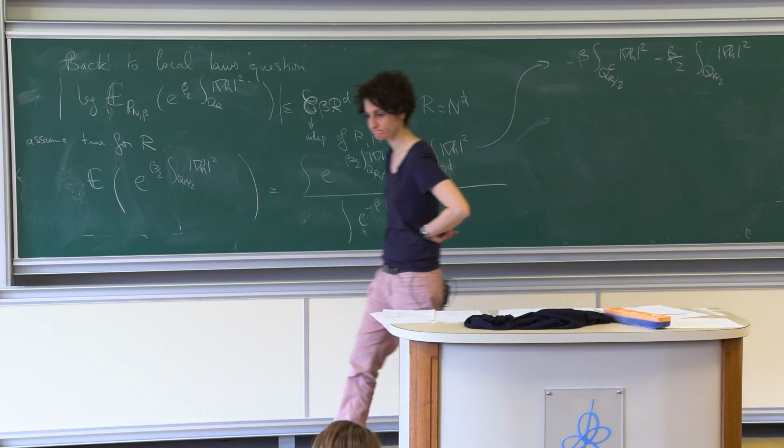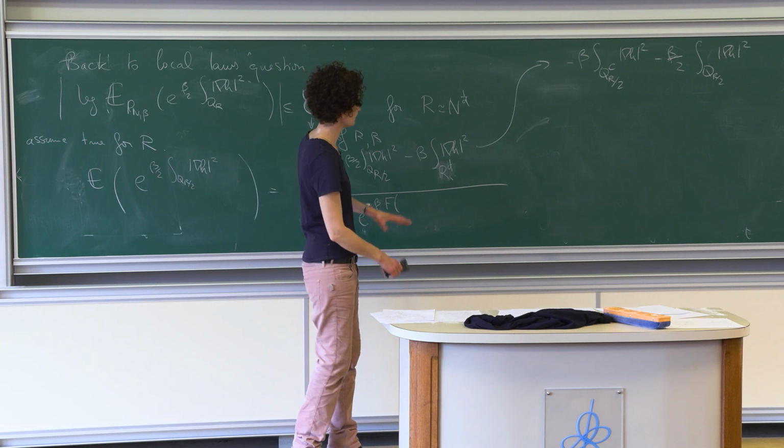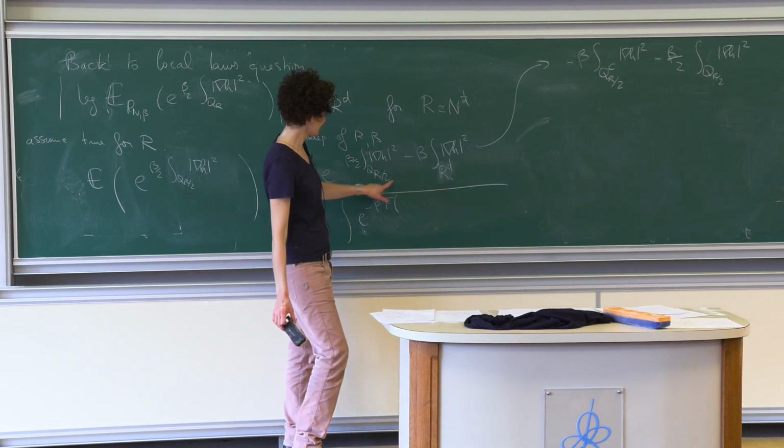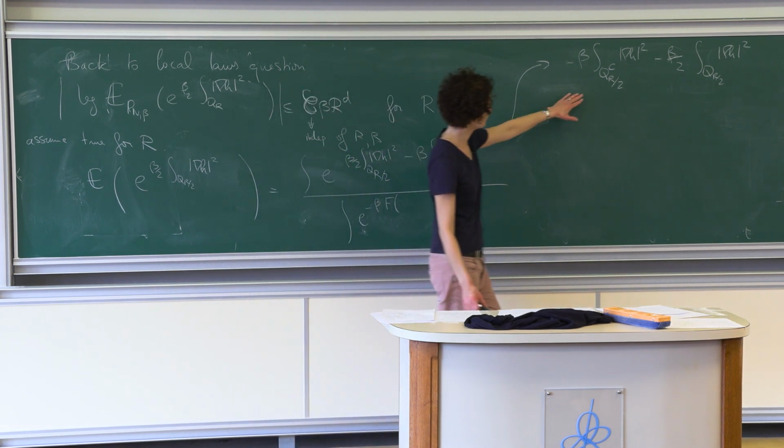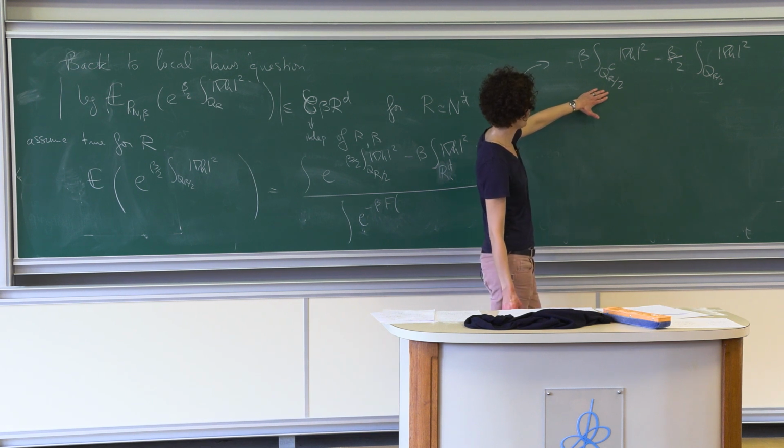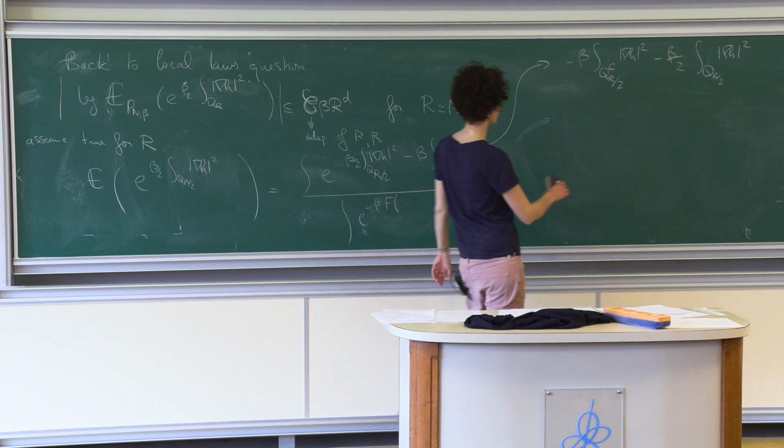Okay? So I'm just rewriting the sum of these two integrals. This is the part on the complement, and inside I have minus beta over 2.